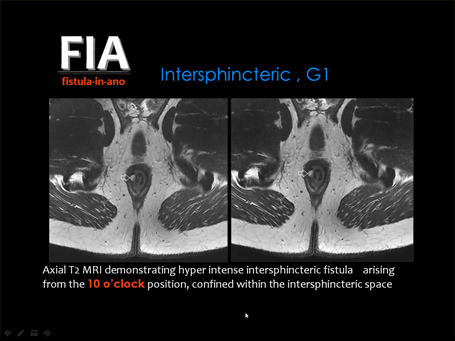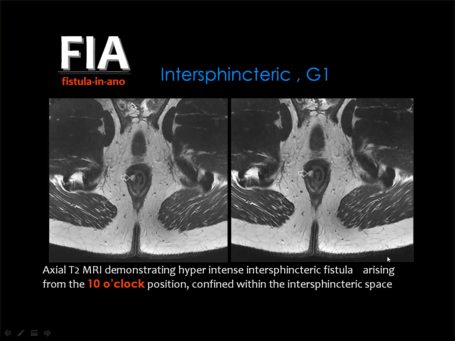Then actually, when you are going to interpret the MRI for fistulae, I would like to start first with the axial T2 weighted image. The value of the axial T2 weighted image is to see the internal opening of the fistula. Then you move the images until you get the external opening, which will be in a different section, of course.